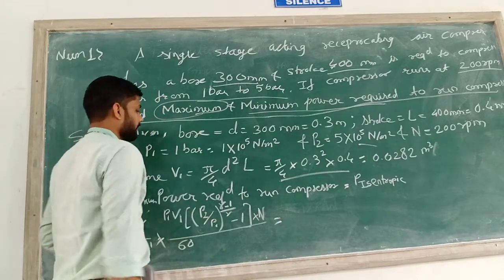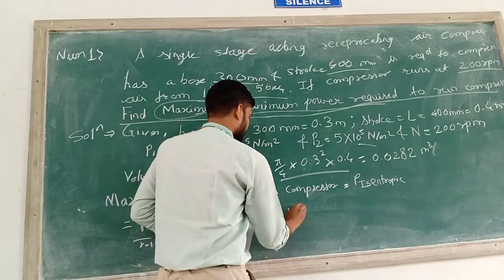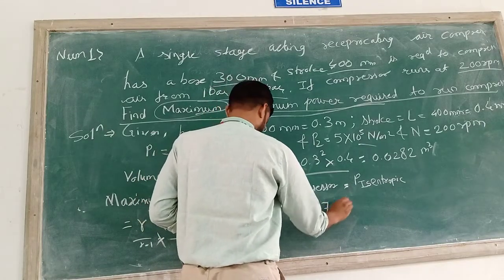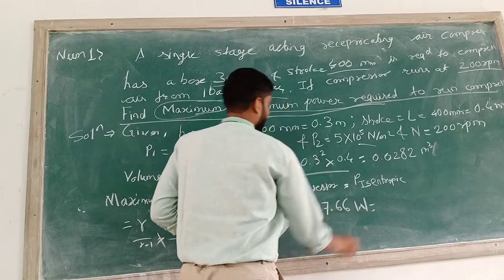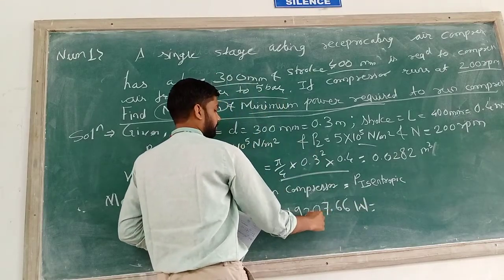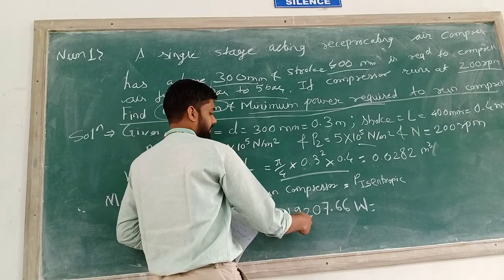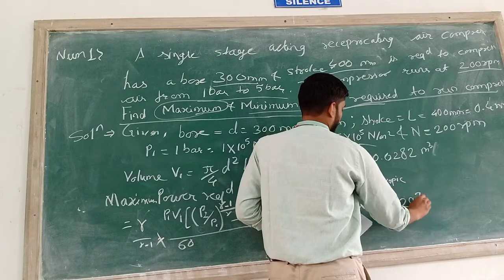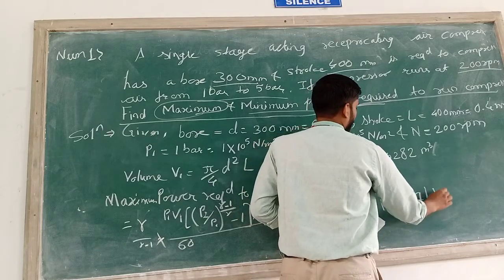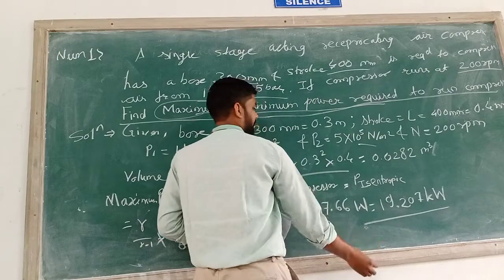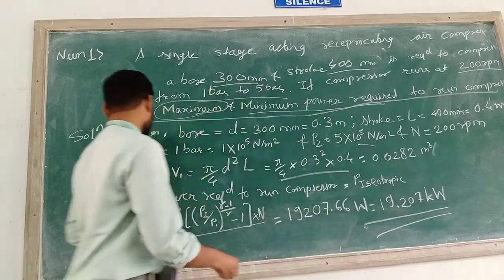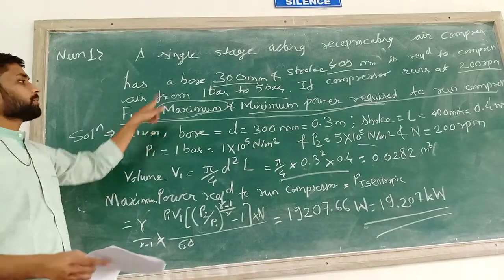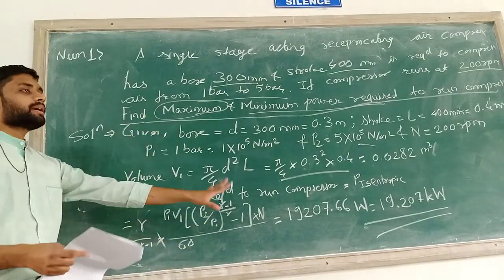By putting all the values here, we get 19207.661, and we can convert it into kilowatt by shifting the decimal point three places to the left. So we get 19.207 kilowatt. Okay, so this is the maximum power required to run the compressor. So the numerical completes here.